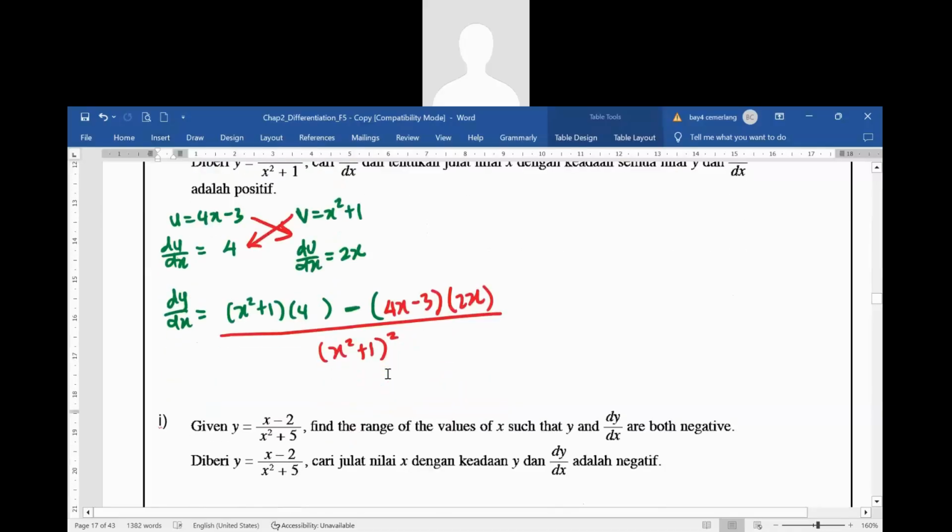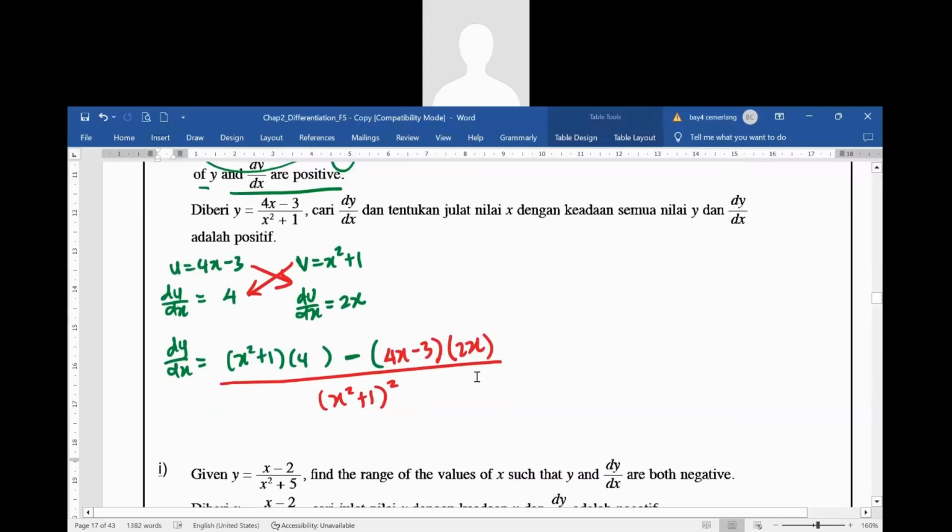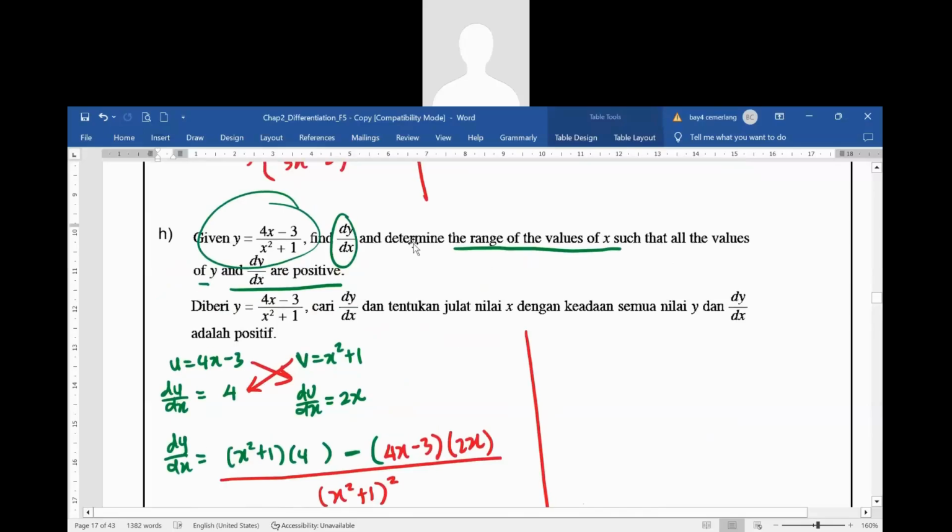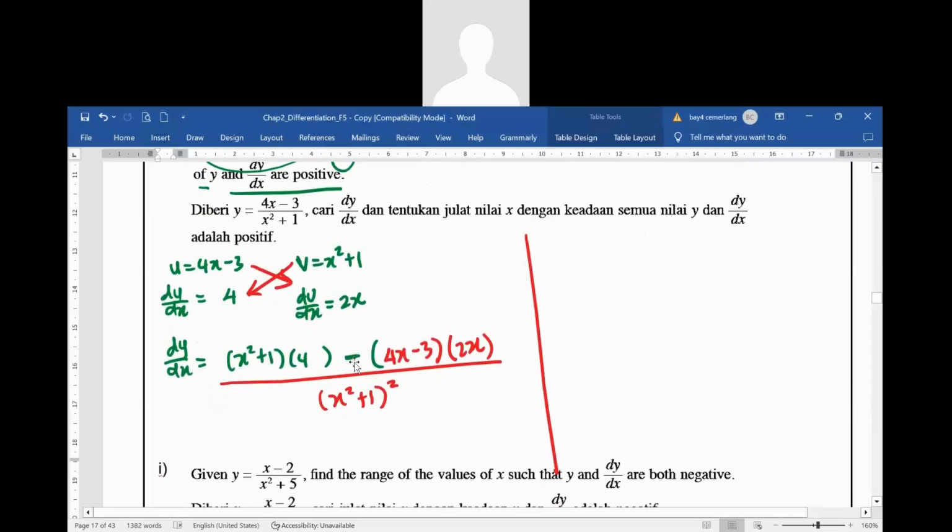Okay, right. So try to simplify this. What do they want? Determine the range of values of x such that all the values of y and dy/dx are positive. Okay, we try to simplify this function first. What will we have here?